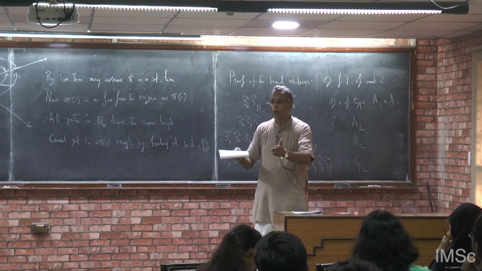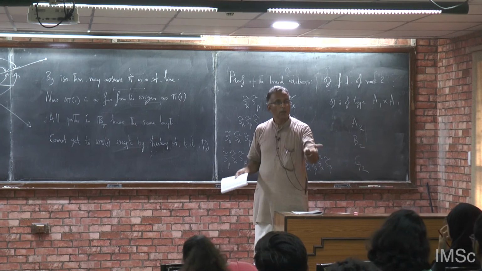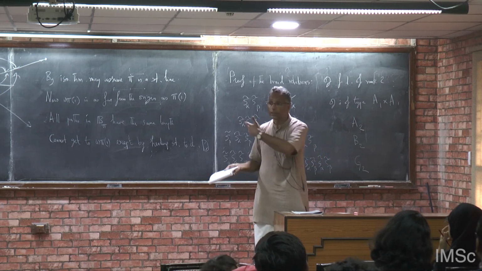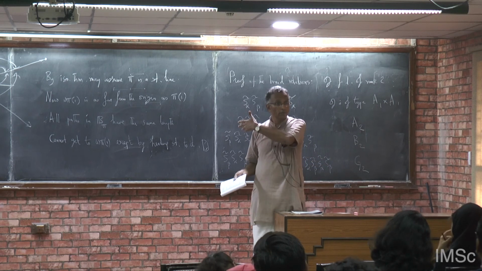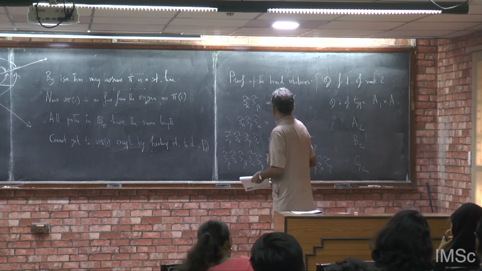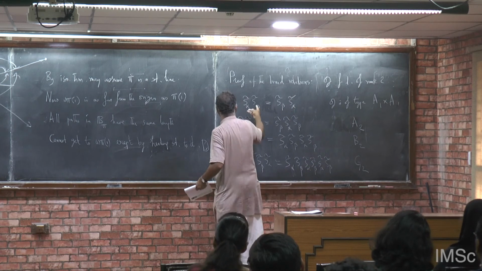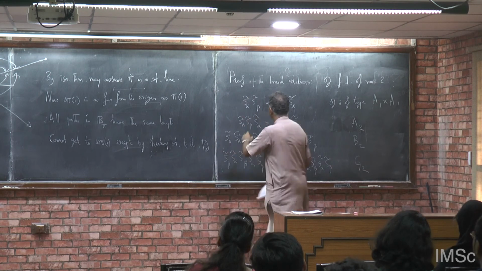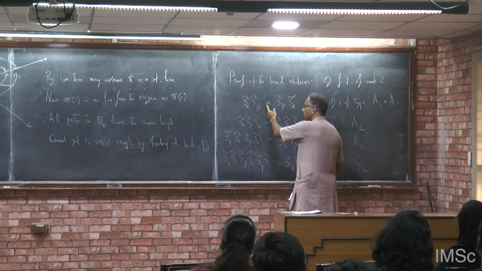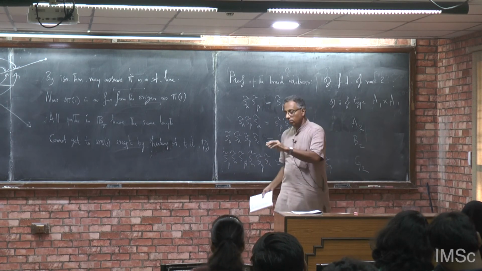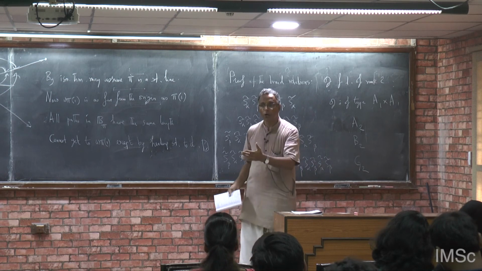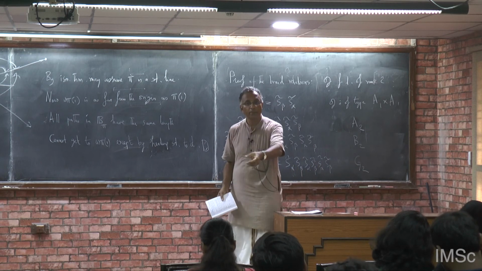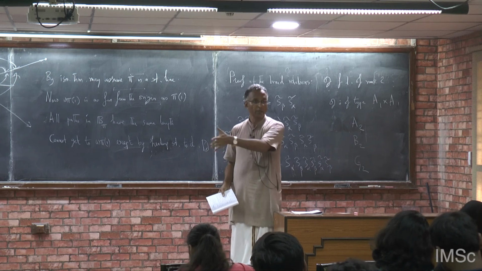See, these are involutions. So it follows that we may assume pi 1 is dominant. That is, maybe pi 1 is not dominant, but after applying S alpha it becomes dominant.